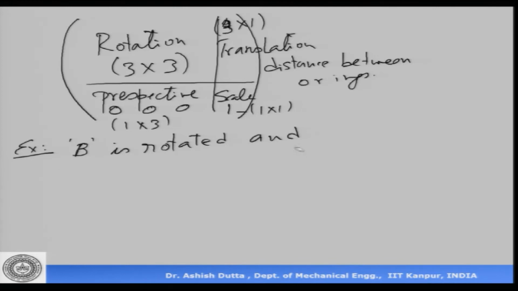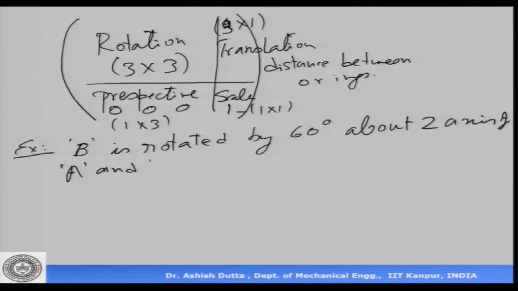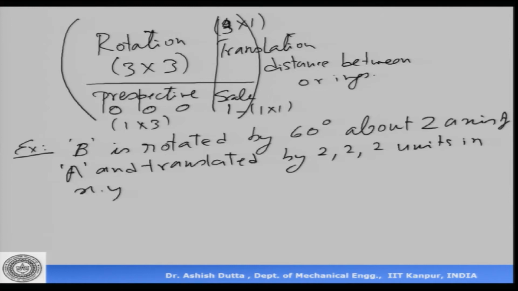Let us say it is rotated by 60 degrees about the z axis of A, where A is the reference frame which is not moving, and translated by say 2 units in the x, y and z directions of A. So, what does this mean?